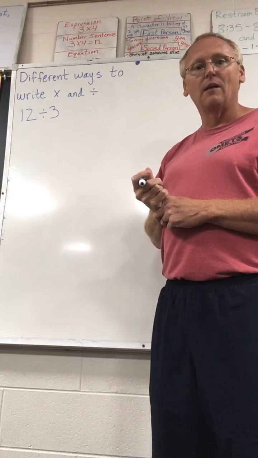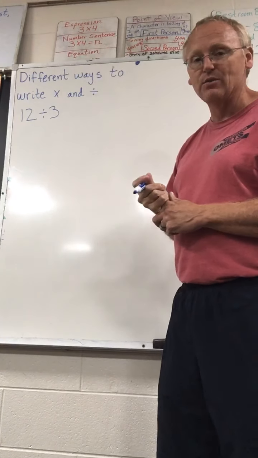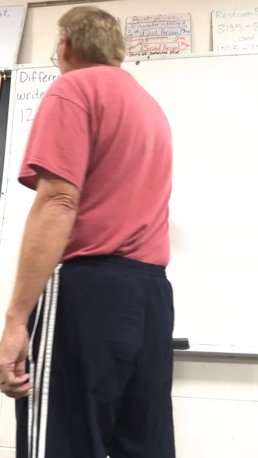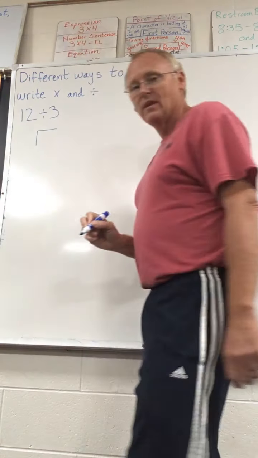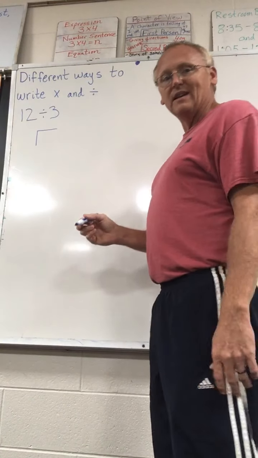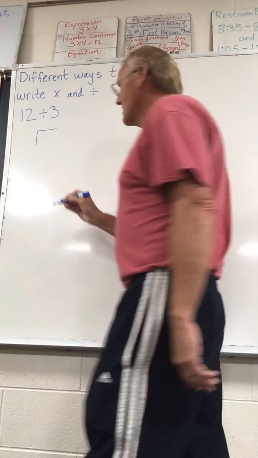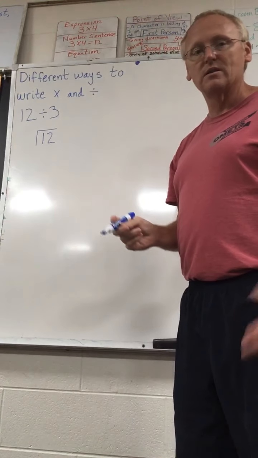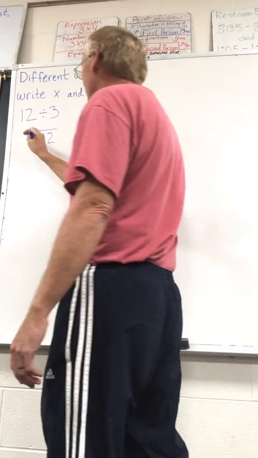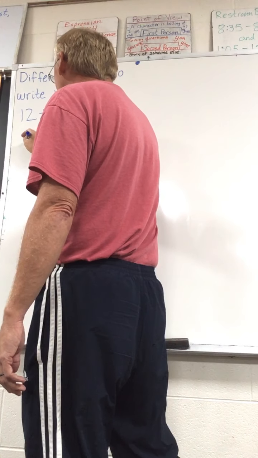We can have a box. So in a box, you would write it like this. You create your little box. The 12 would go on the inside. The big number goes on the inside. That's what's going to get divided up into equal parts. The other number is going to go on the outside of the box.